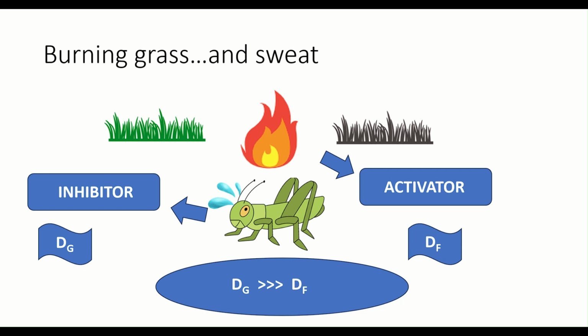If the fire pops out at random locations with, say, a differential probability, what we get is a spatial distribution of charred and uncharred regions hosting sweaty grasshoppers. So this idea illustrates the reaction diffusion model, where we ought to have a long range inhibition and short range activation. This is the essential criterion that must be fulfilled for Turing patterns to exist.